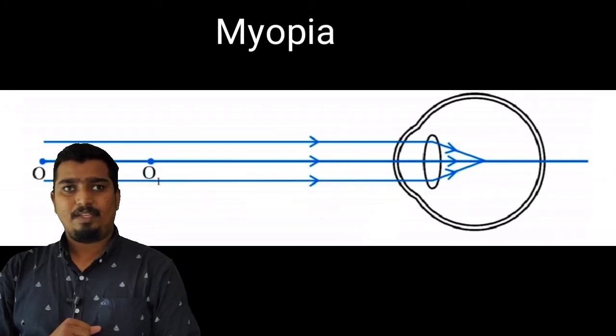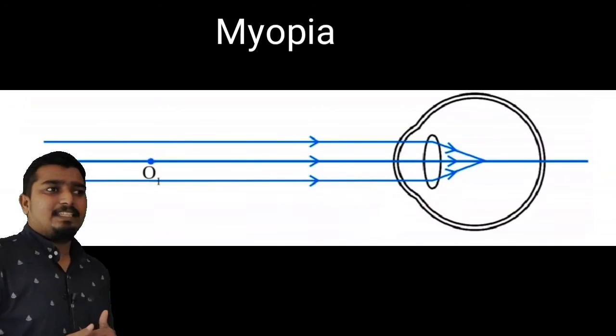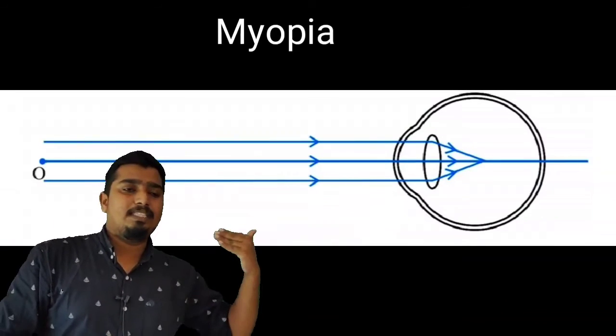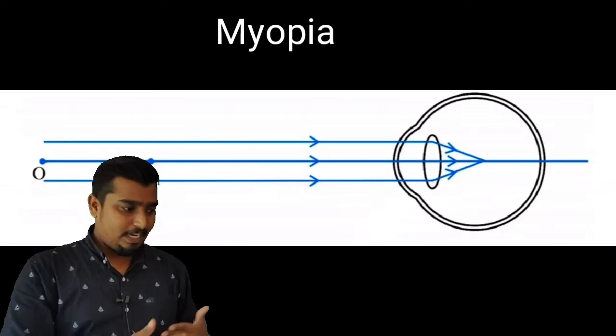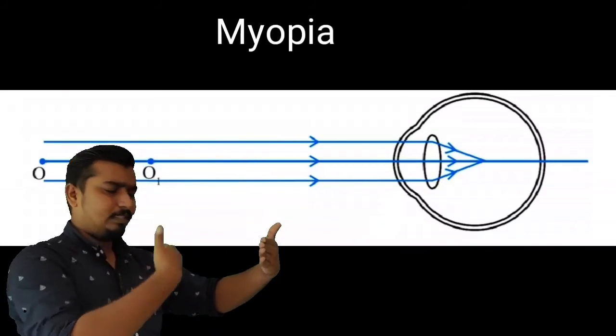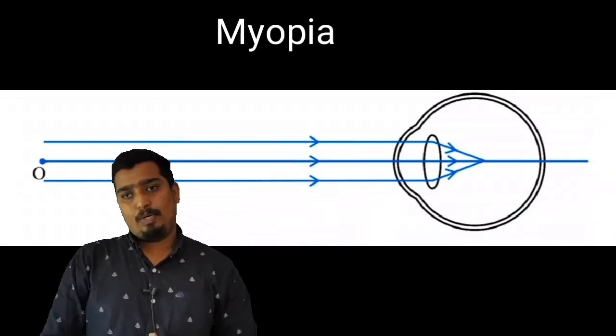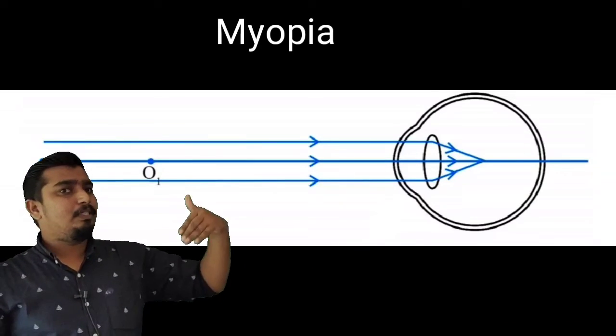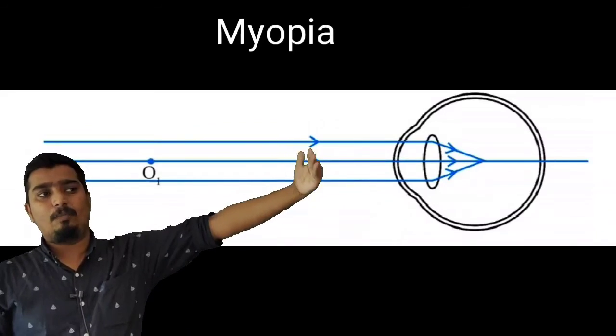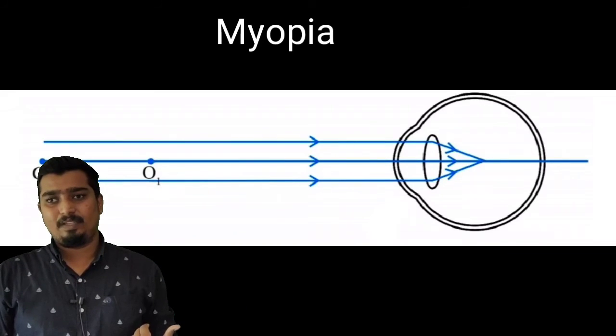Next we are going to discuss the second defect, myopia. In this case, a nearby object can be seen clearly, but the person may not be able to see distant objects clearly.